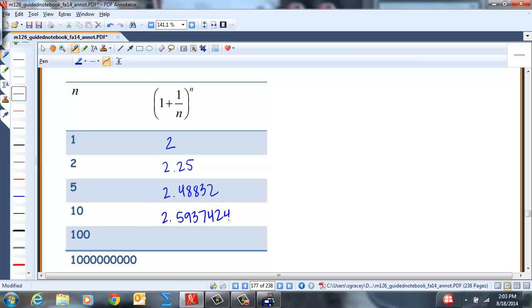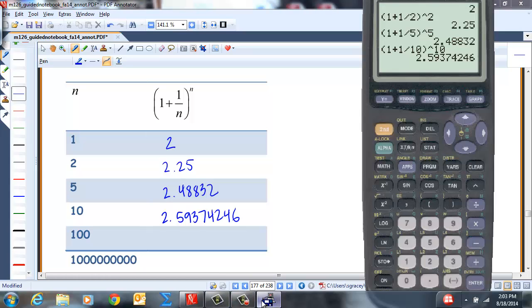And getting a little more extreme, now letting n be equal to 100, we will have 2.7048138829.